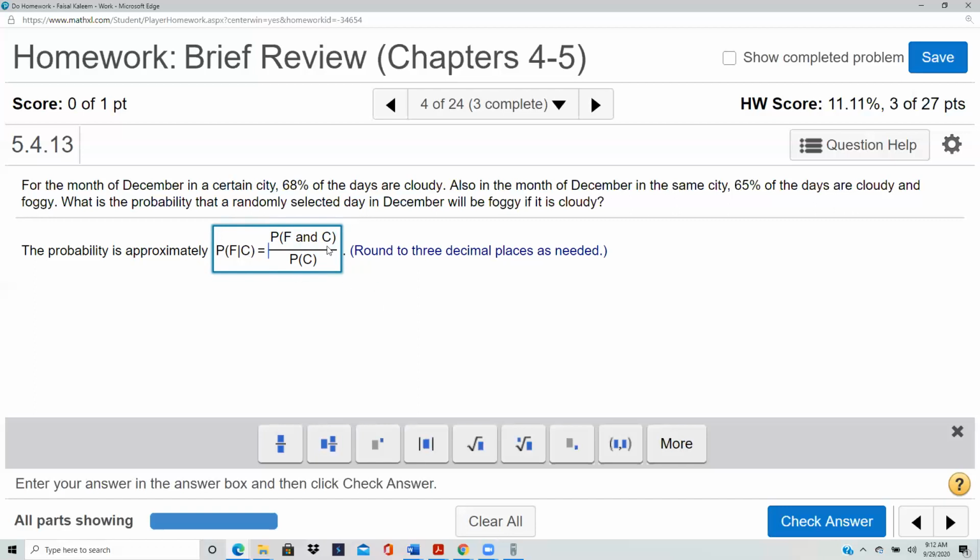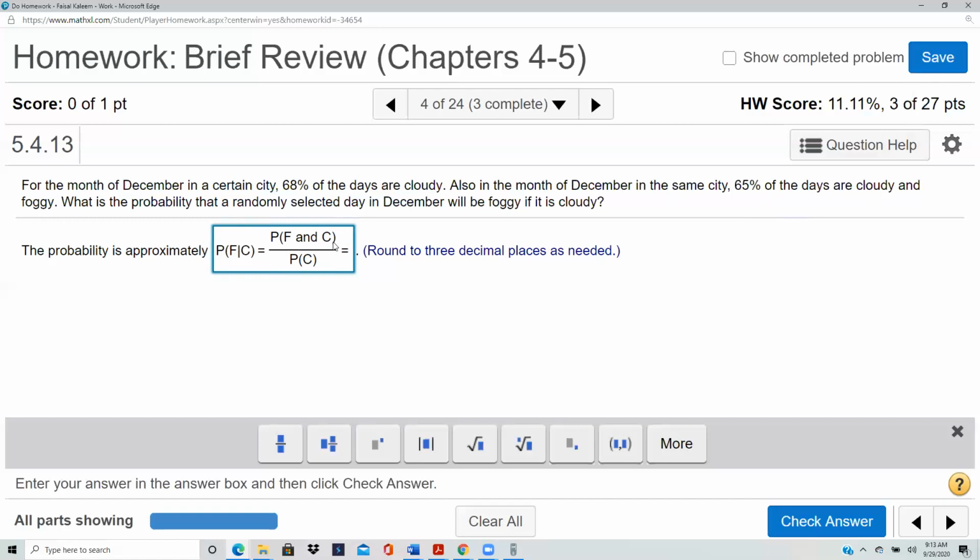So F and C is how much in this problem? 68 and 65. So which one is F and C and which one is just C? Wouldn't C be the 68? Right, that's just the cloudy. And the F and C is foggy and cloudy, which would be 65. It doesn't matter whether you say cloudy and foggy or foggy and cloudy, it's the same thing.